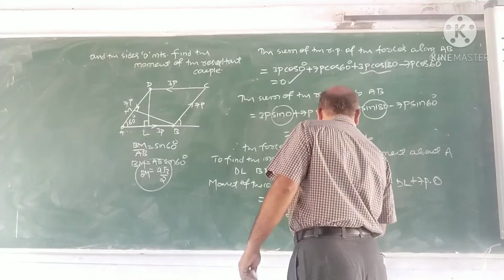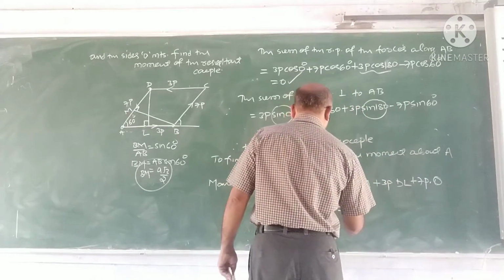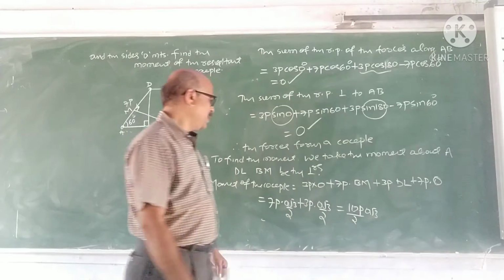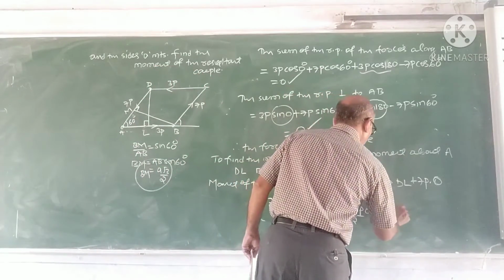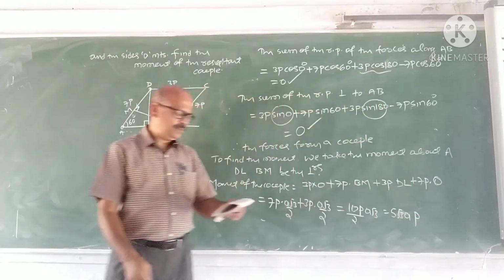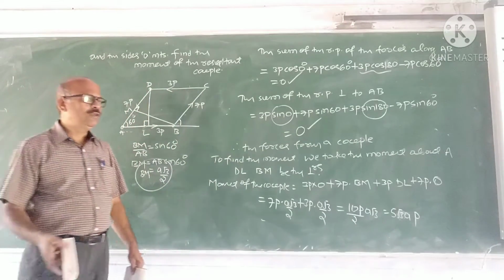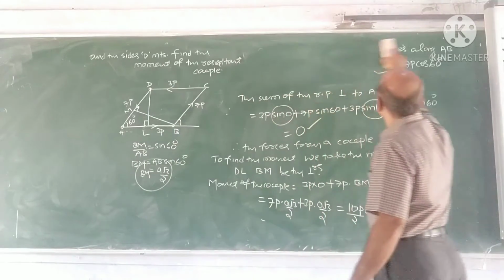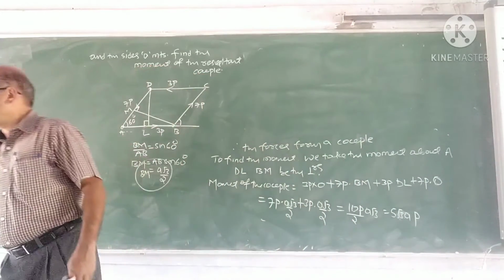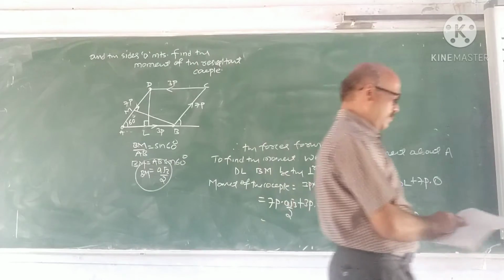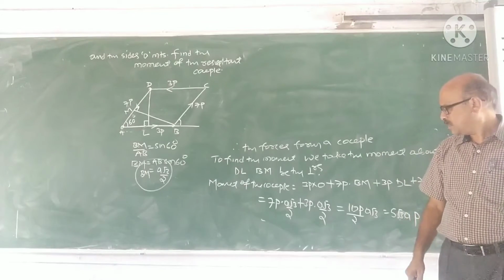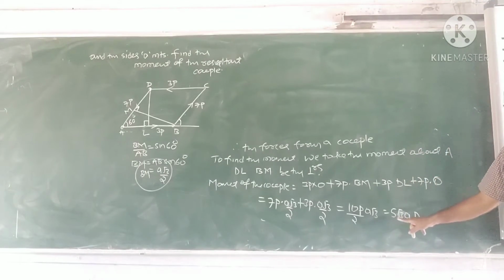So what is this? 10P by 2 a root 3, or it is 5 root 3 a into P. That is the moment of the couple. Moment of the couple is 5 root 3 a into P.